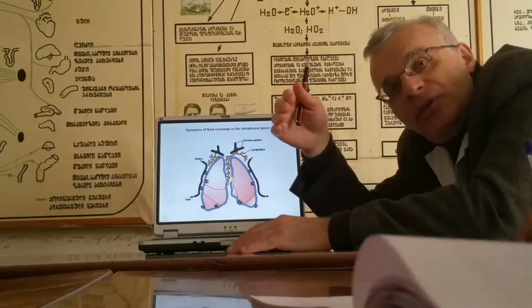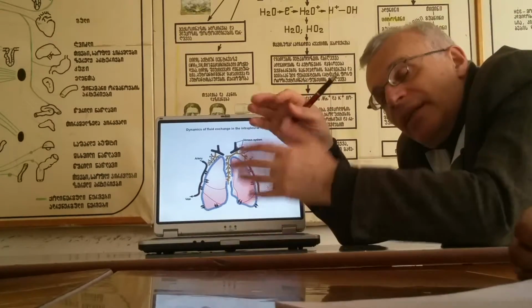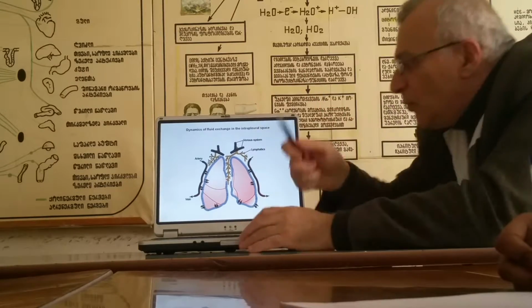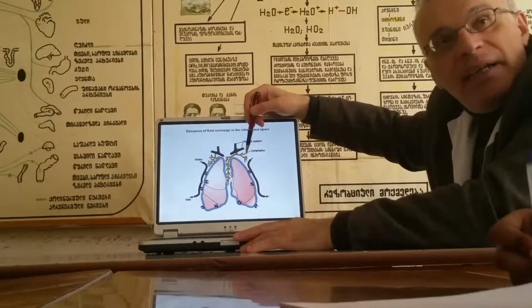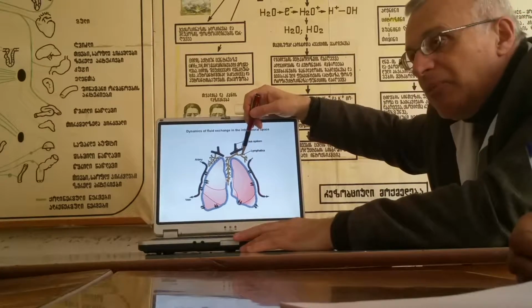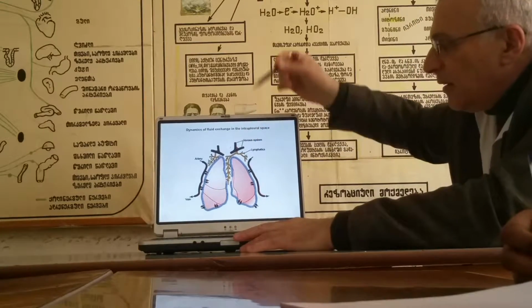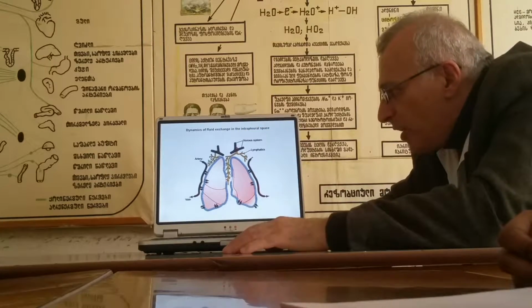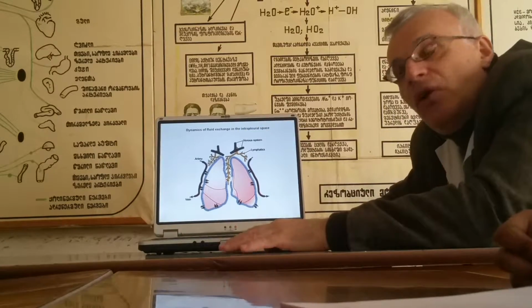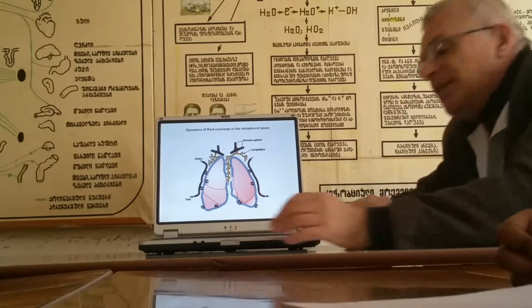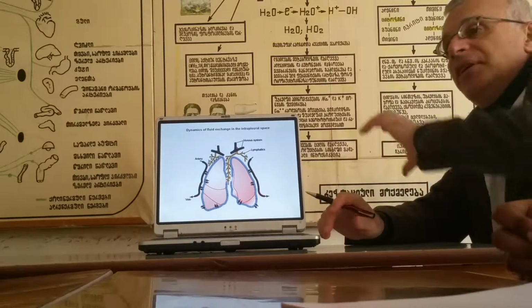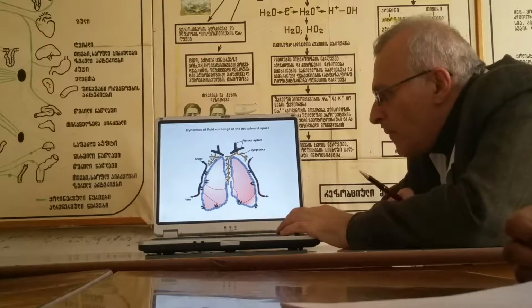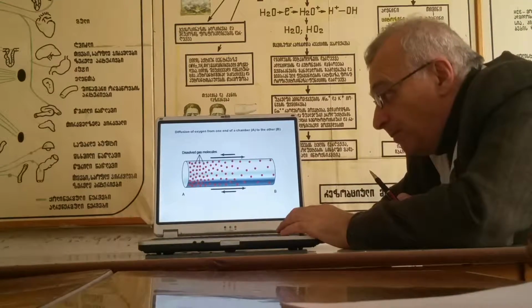And as I told you, an excess amount of water and these liquids is also taken up by the lymphatic system. This is today's topic, the drainage mechanism of the lymphatic system, and then the liquid returns back to the venous system.